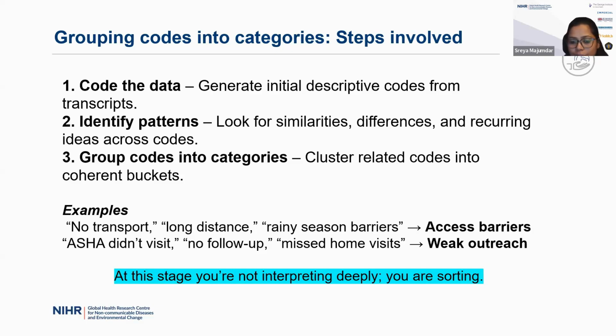And when you look at all these codes and you are able to bring them in the same bucket, it tells you that there was an issue with outreach. One thing that you have to remember is that at this stage, you are not interpreting the data deeply, you are mostly sorting it, but also looking for these patterns and these relationships, which is a very important thing in qualitative data coding and analysis.